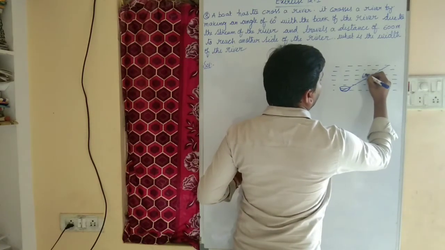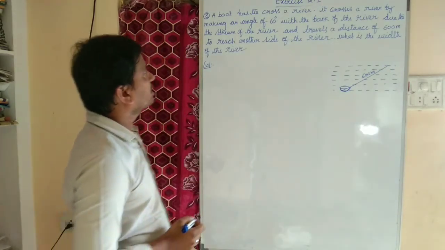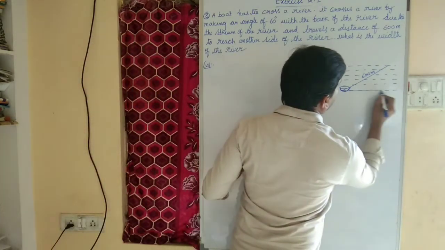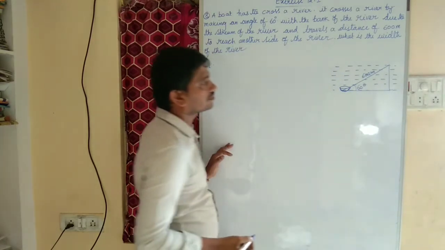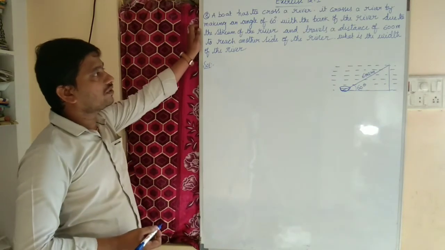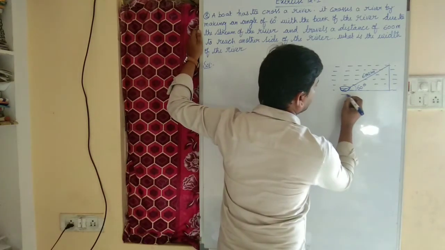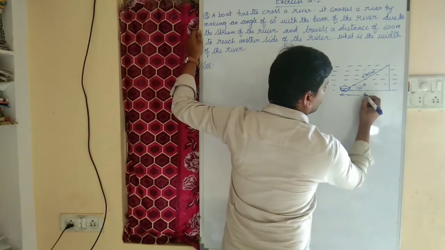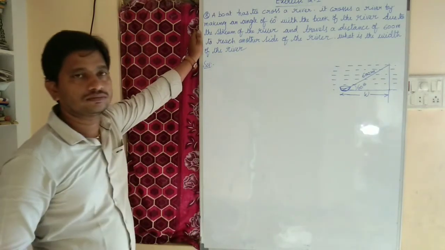It travels a distance of 600 meters with an angle of elevation 60 degrees with the bank of the river. Now they are asking what is the width of the river. They are asking to find this width.